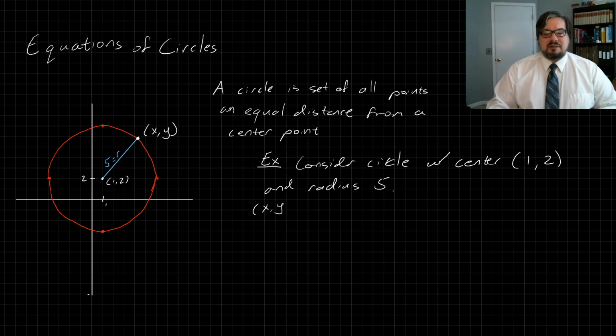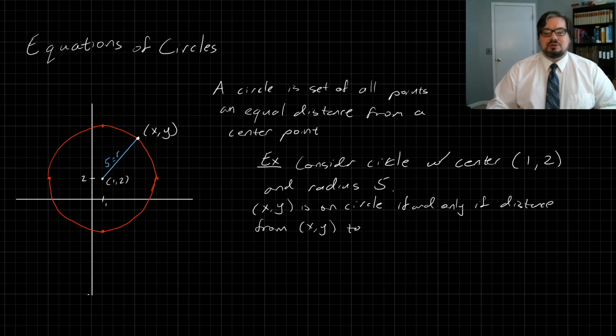So, in other words, we have that x, y is on the circle if and only if the distance from x, y to the point 1, 2 is 5.